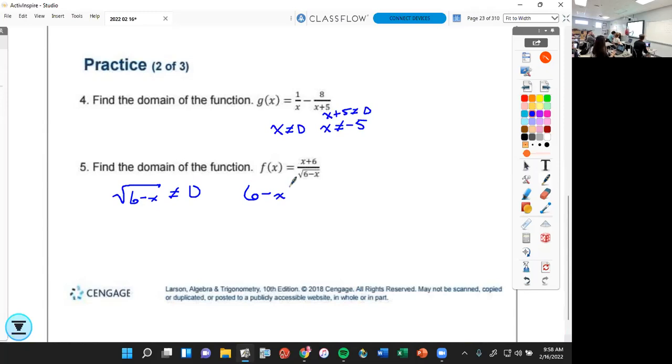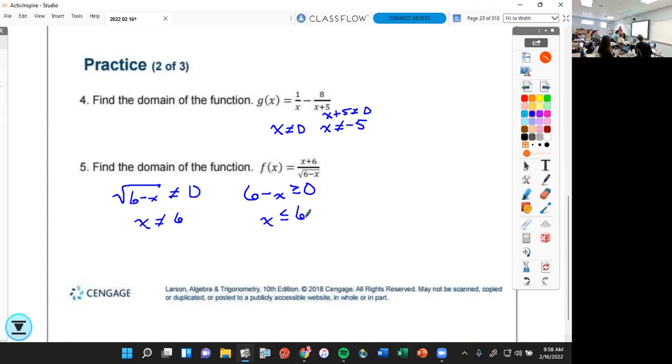It can be 0, right? So to solve this one, we know that x can't be 6. To solve the other one, we know that x has to be less than or equal to 6. They kind of conflict with each other, don't they?